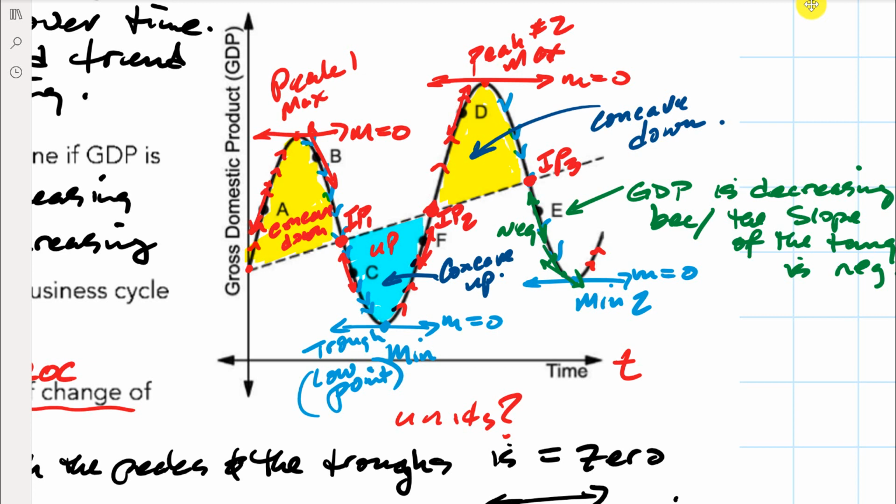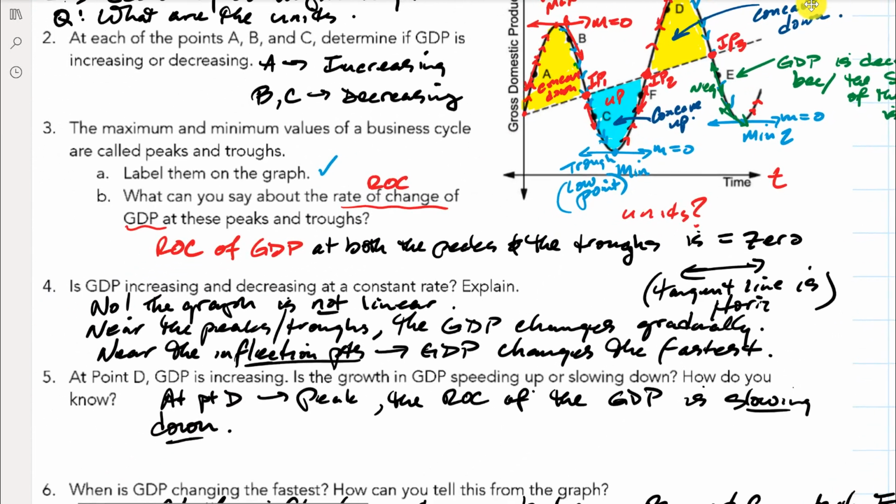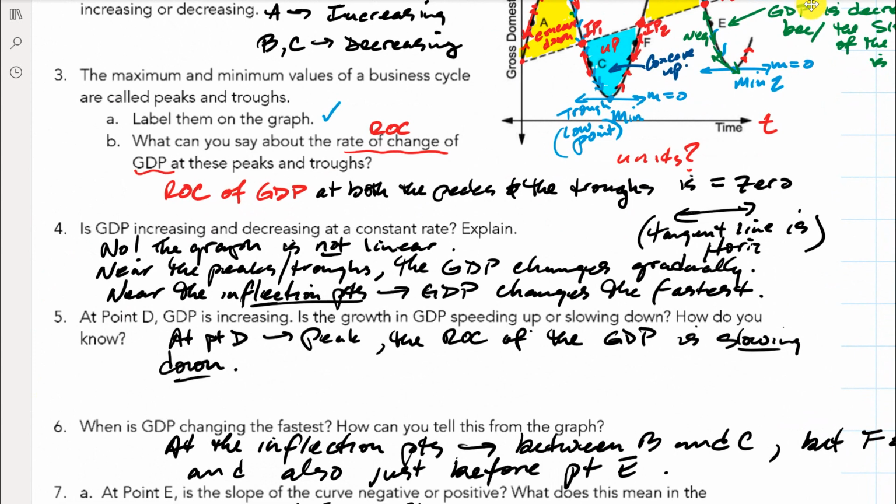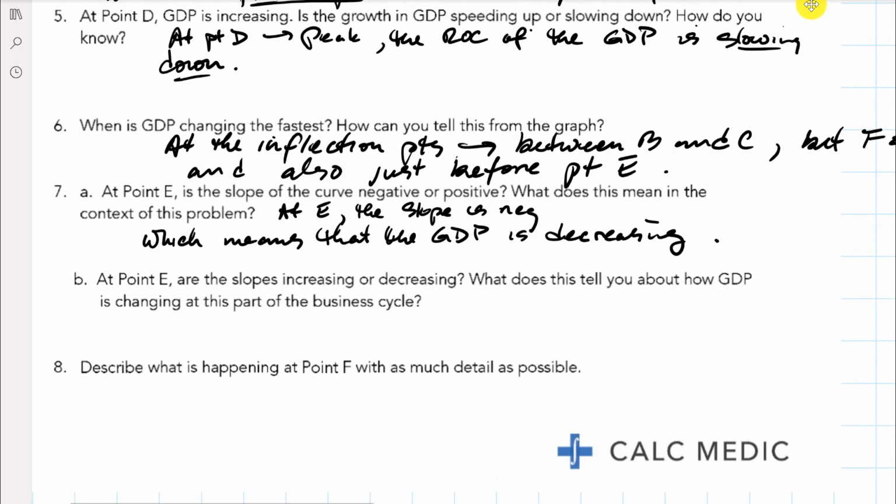The key on this is to understand the slope of the tangent line and what's going on. Let's see, what is the question? Let's go back up here. Point E, are the slopes increasing or decreasing? They're increasing, as I was saying. What does it tell you about the GDP and how it is changing at this point?